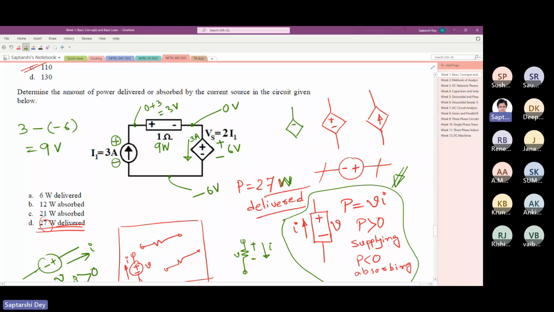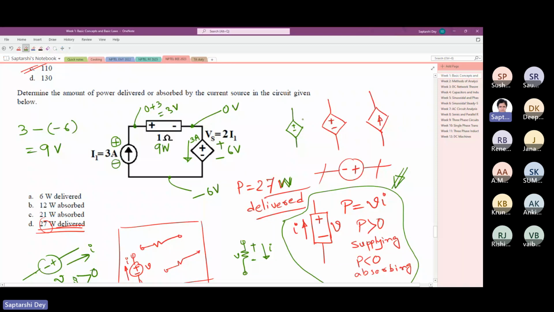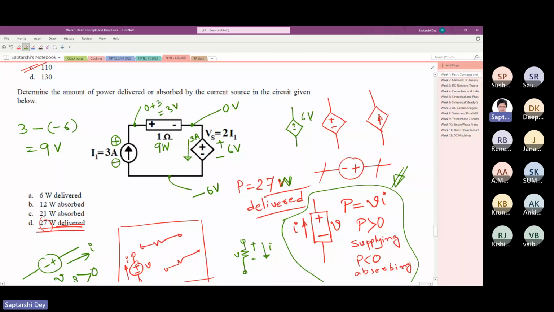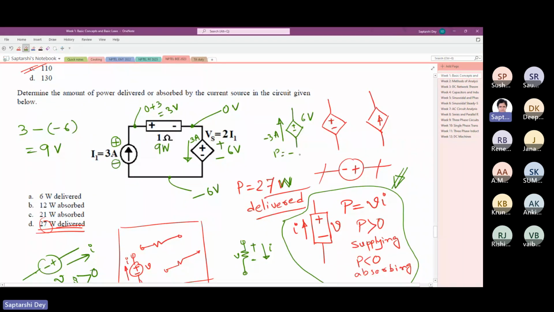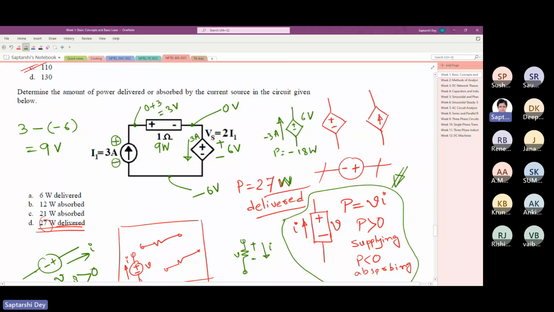This is 6 volt. Here I drew the current like this. This is minus 3 ampere. So what is the power? Minus 18 watt. Minus means absorbing. So this source is absorbing power, like charging a battery. A battery is a source, but when you are charging the battery, it is actually absorbing power.